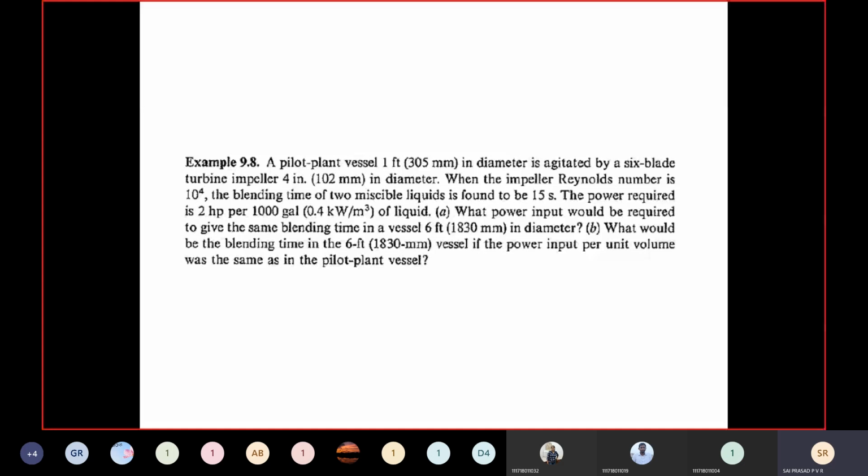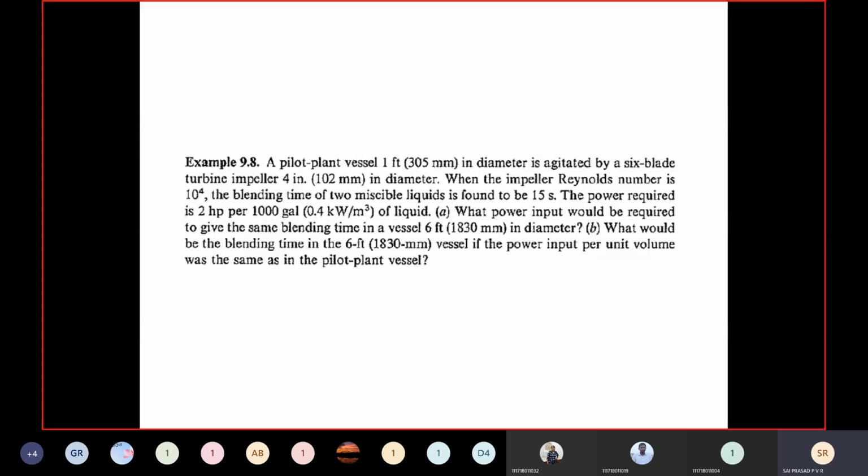So he gave one problem, stating first that we have a pilot plant vessel, which means we have not gone to the production block where large process vessels are there. A pilot plant vessel 305 millimeters in diameter, that is, the diameter of the tank is 305 millimeters. So please note down dT in the pilot plant vessel is 305 millimeters.